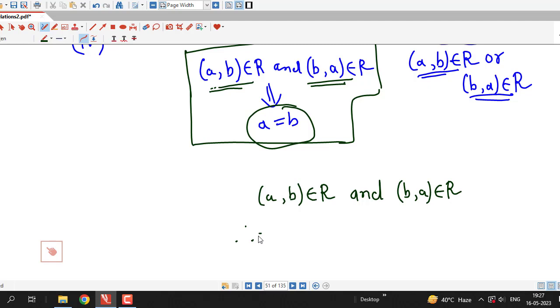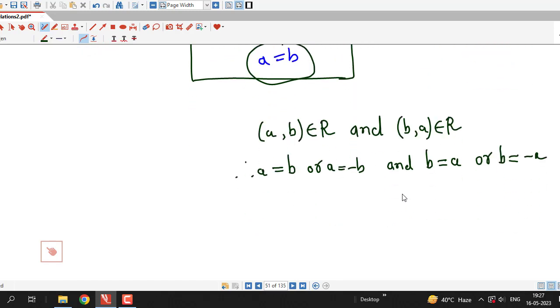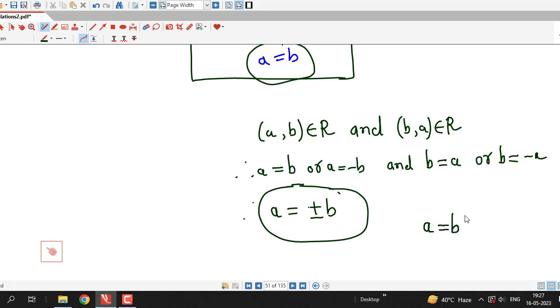Now if AB belongs to R, then I have either A equal to B or A equal to minus B. And same thing here, if BA belongs to R, then I have either B equal to A or B equal to minus A. So in any case we can write A equal to plus or minus B. So this means we will not always have A equal to B. We may have A equal to minus B also, and we can have this satisfied, that AB belongs to R and BA belongs to R, and we can have A equal to minus B, that is A and B are different.